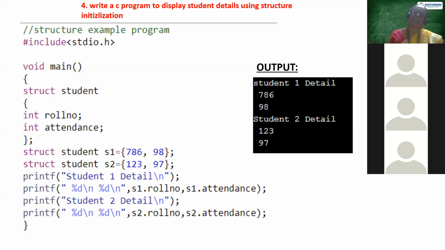We can declare before that or after that. Have you understood this program? This comes under the structure initialization concept. Any doubt in this program? Or else I will execute it.